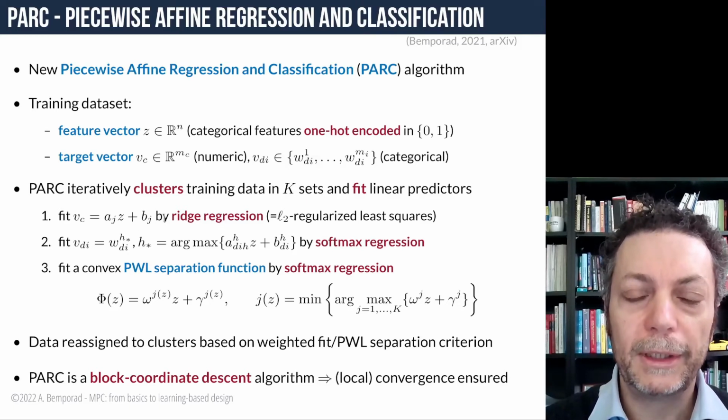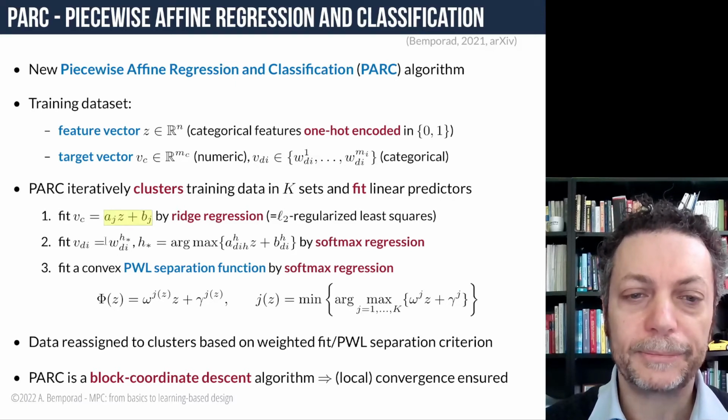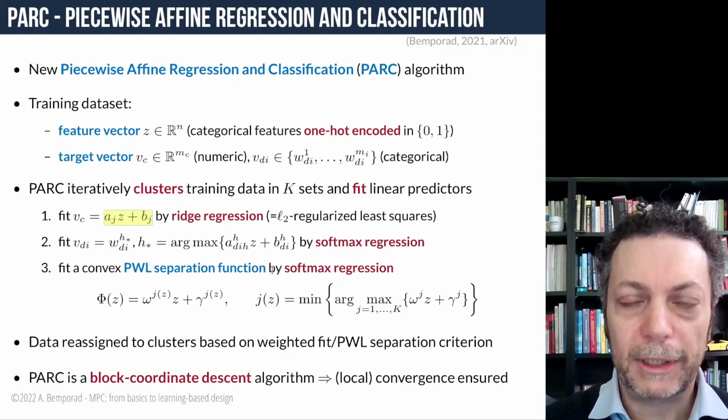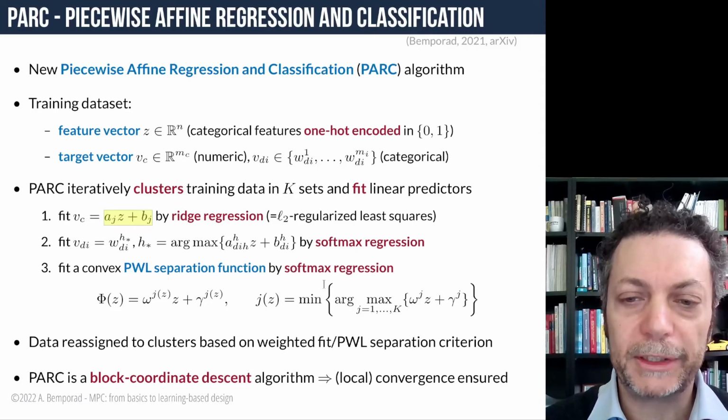So you will fit by ridge regression a linear affine model for continuous outputs and a discrete model to categorical output by softmax regression. Then you also fit a piecewise linear separation function on these clusters of data that you have created. Okay, by solving, again, a softmax regression problem.